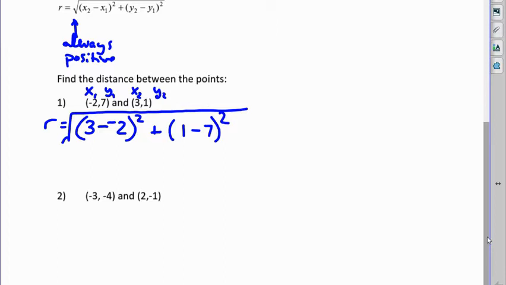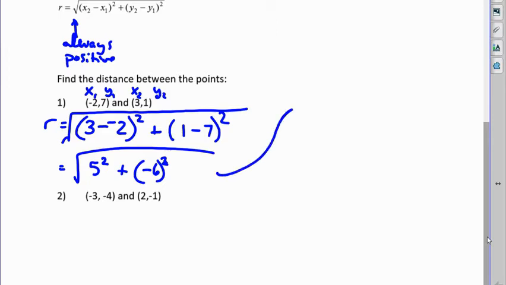Okay, now to solve that, 5, that's going to get squared. Now I'm not putting parentheses around the 5 just because it is a positive number. Put my square root there. Plus, now let's see, 1 minus 7. That's actually negative 6, but I cannot write it like that because that would make it incorrect. I need to have the parentheses around the negative 6 to make sure that it becomes a positive 36.